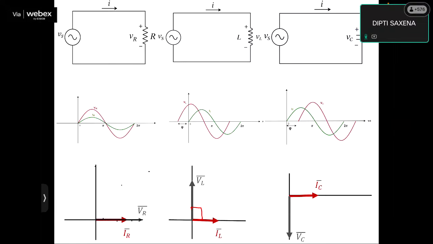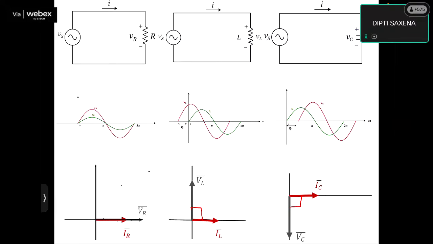And across the capacitor, you can see that the current through the capacitor leads the voltage across the capacitor by an angle of 90 degree. That is, the one who is ahead in anti-clockwise direction leads, and the one who is behind in anti-clockwise direction lags.